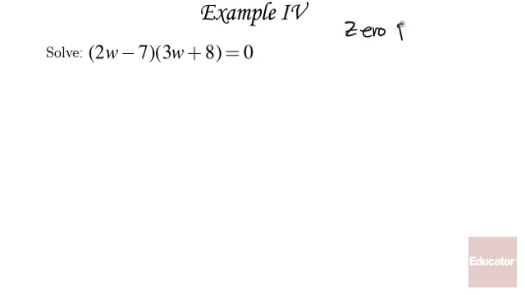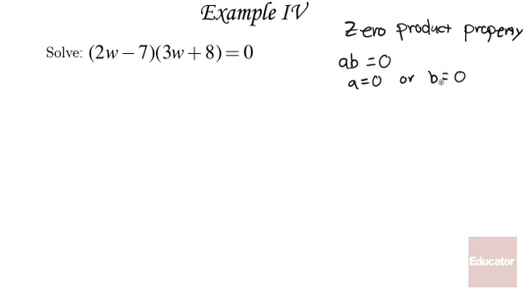Reviewing the zero product property: it tells me that if I have a product, AB, equal to 0, then A equals 0 or B equals 0, or they could both equal 0. So one or the other of these must be 0. With that knowledge, I can say that 2w minus 7 equals 0.